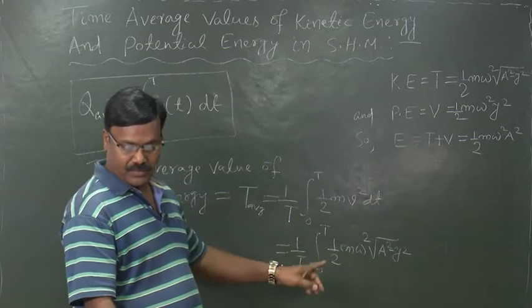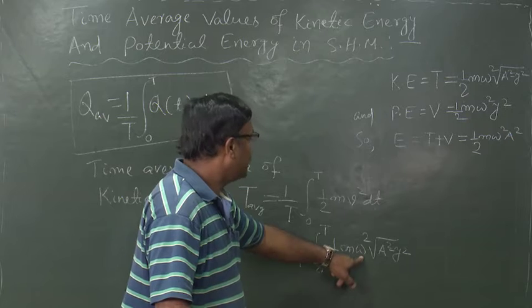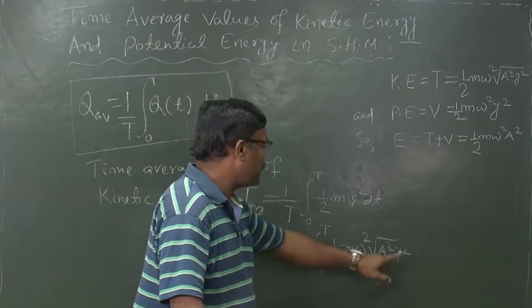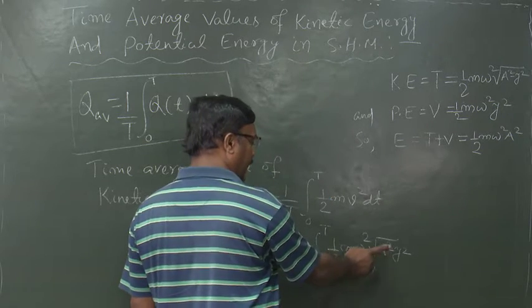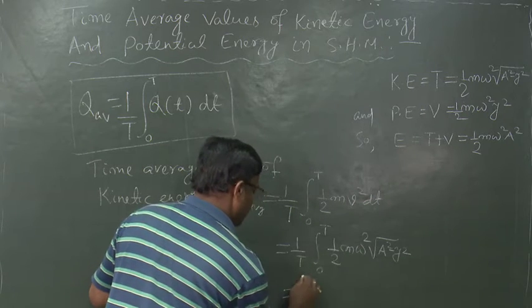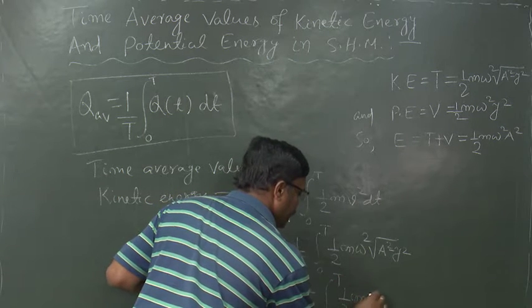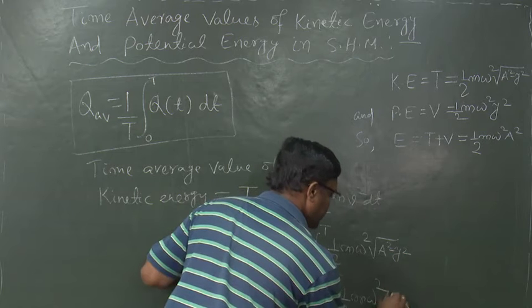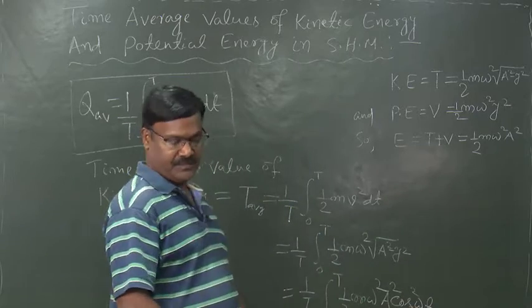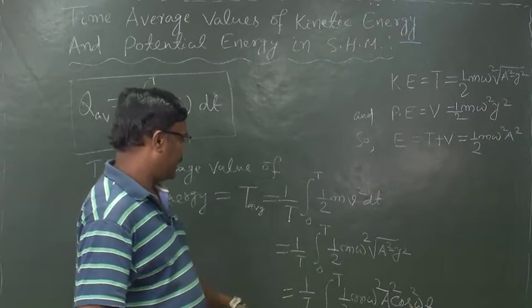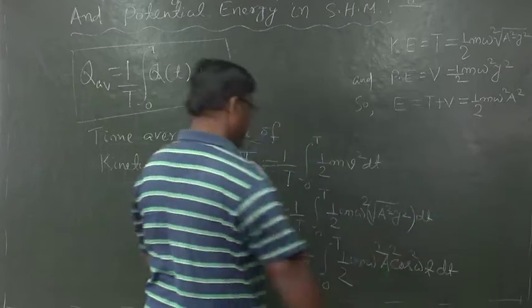Now, we can put omega square into root over of a square minus y square in terms of sine and cosine as 1 by T integration 0 to T half m omega square into a square cos square omega t, and here is the dt.